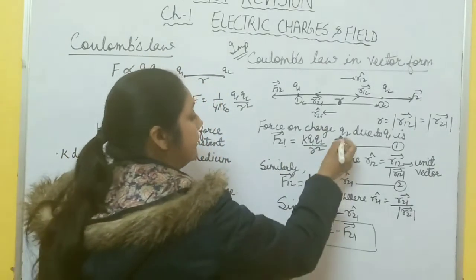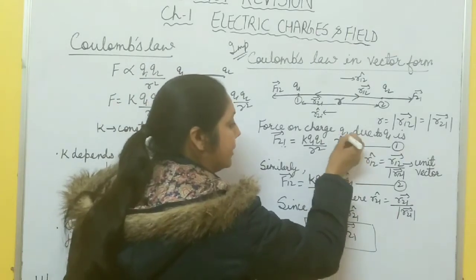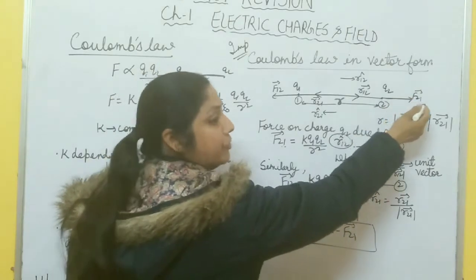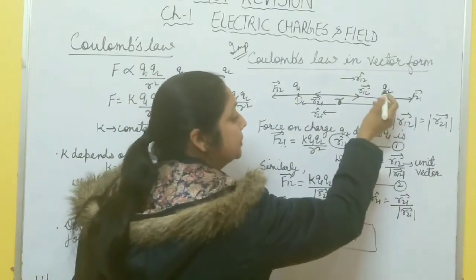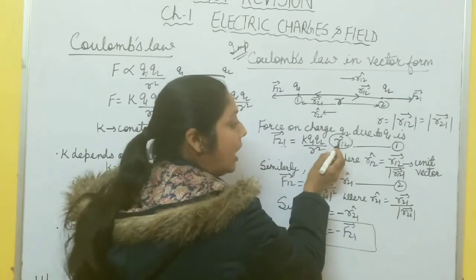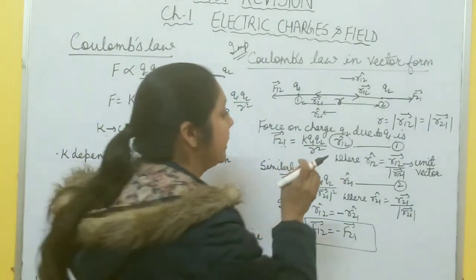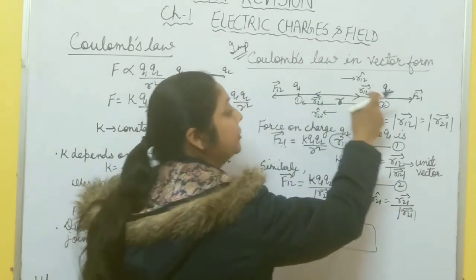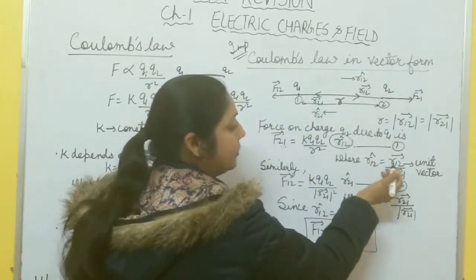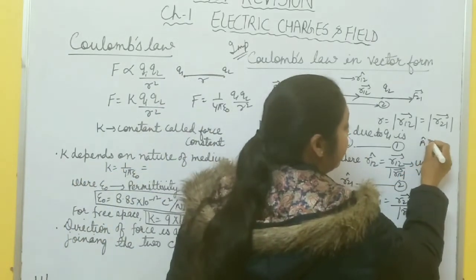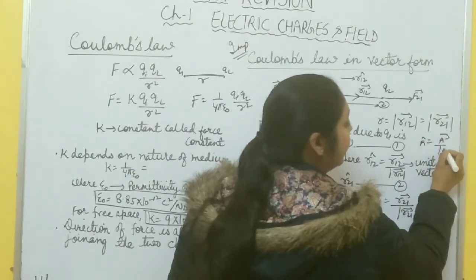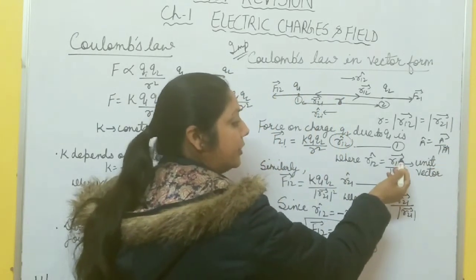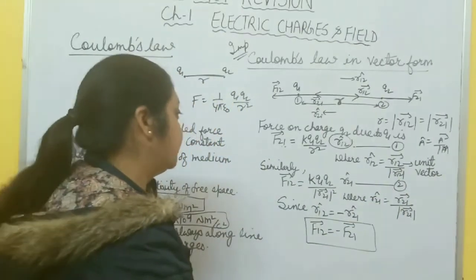And this is a unit vector which shows direction. What is the direction of this force F21? From 1 to 2. So r12 cap is a unit vector in the direction from 1 to 2. It means the direction of F21 is from 1 to 2. And you know that unit vector A is given by vector A by magnitude A. You studied this in the last class. So you can write r12 cap as R12 vector by the magnitude of R12.